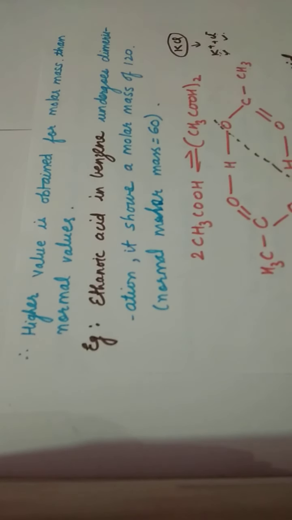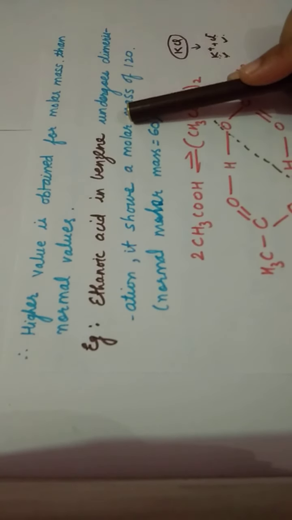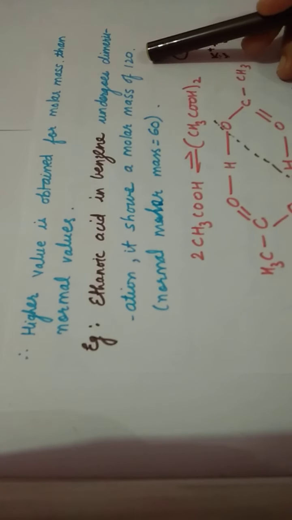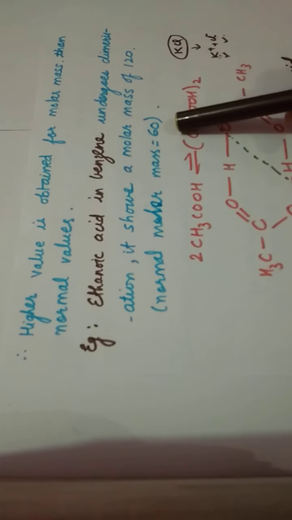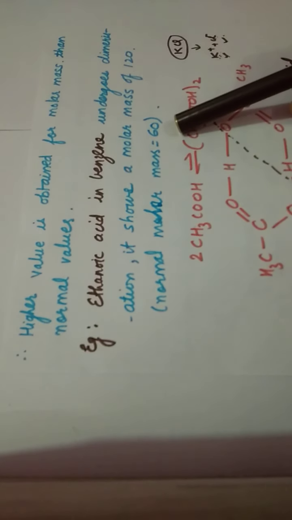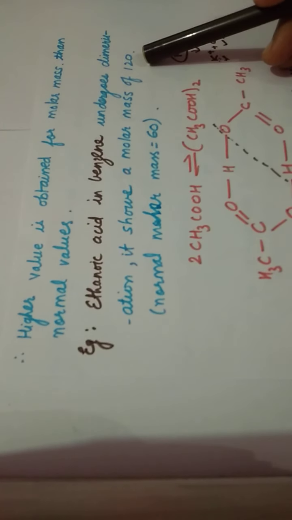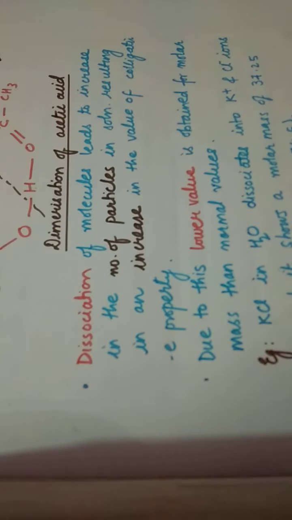When colligative property decreases, molar mass increases. The normal molar mass of ethanoic acid is 60, but after association or dimerization its molar mass increases and becomes 120. I just hope this is clear to you all.